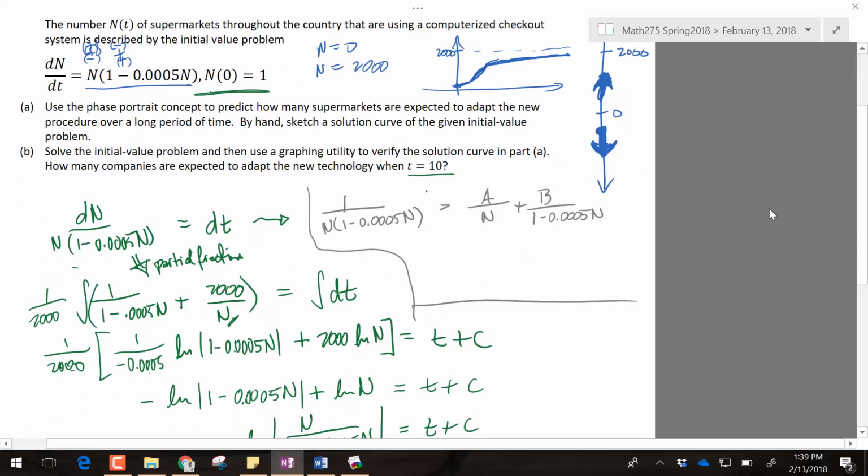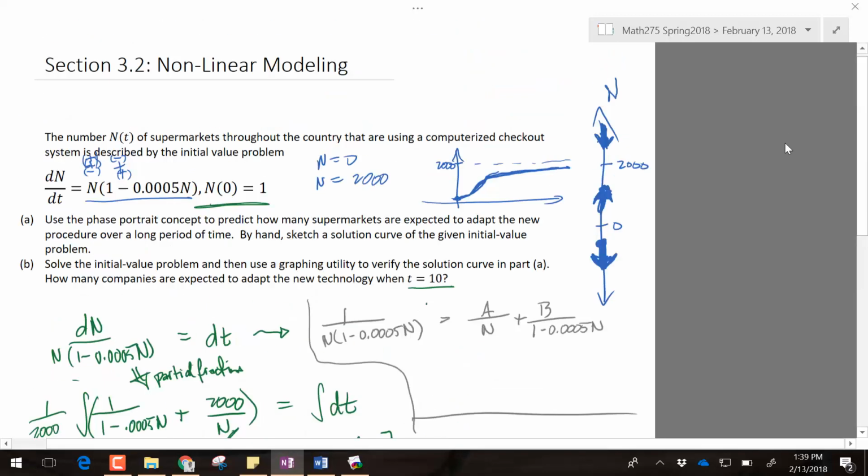Any questions aside from everything? Nonlinear modeling.